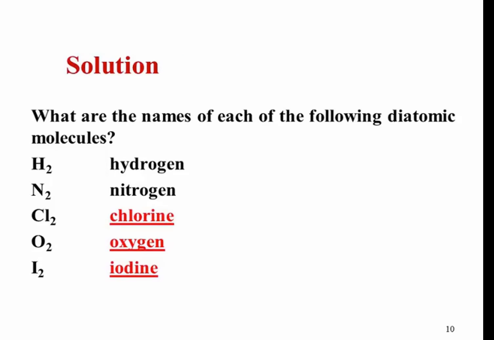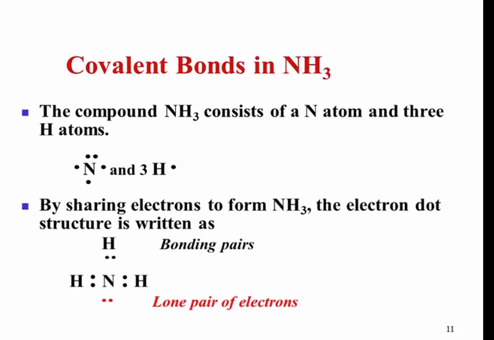Guys, does this make sense? Okay. What is your expectation for atomic hydrogen and atomic nitrogen mixed together? What do you expect? They want to have 8 electrons in the outer shell.